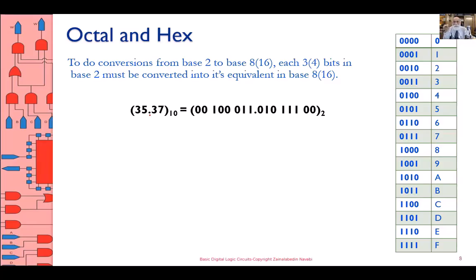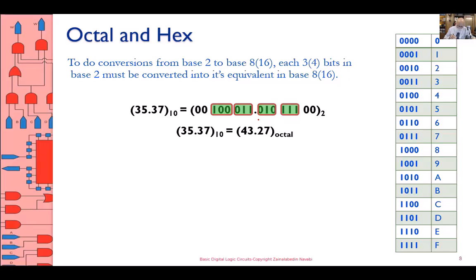Therefore it's easily divisible by 4 for hex rather than 3. But since octal was used many years back, we also talk a little bit about octal, and that is taking 3 digits at a time instead of 4.